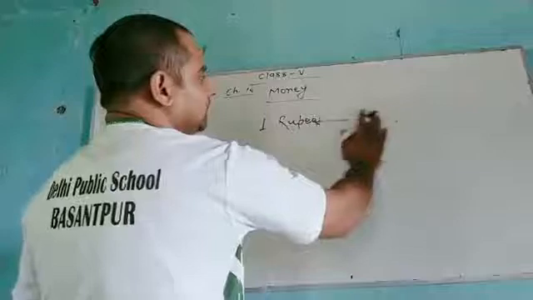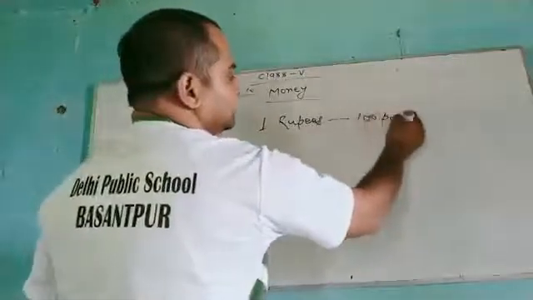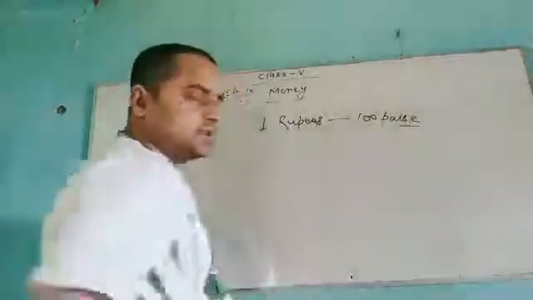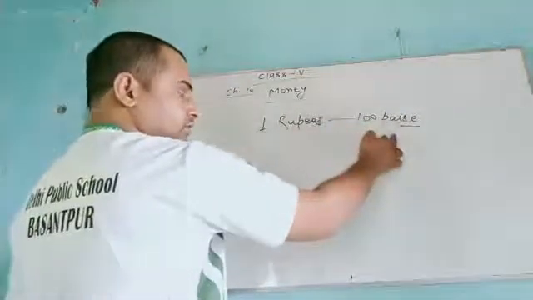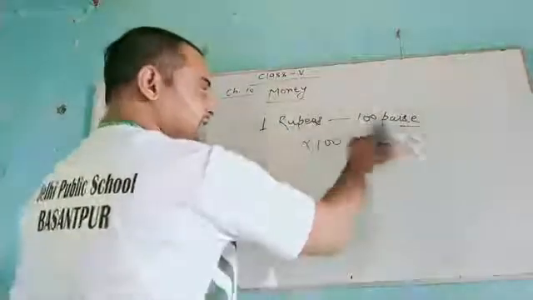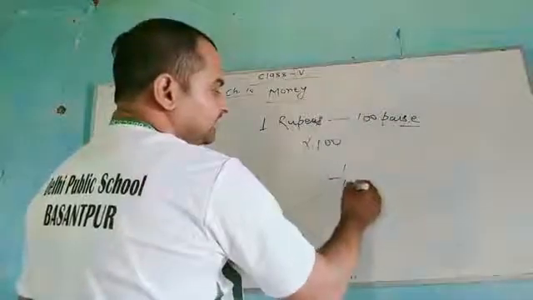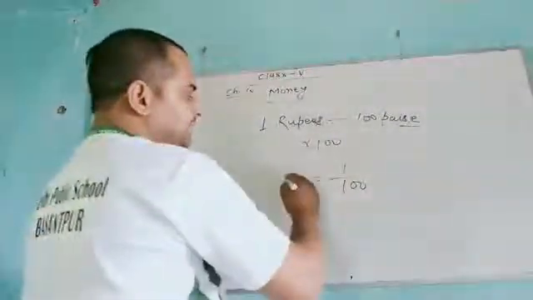Okay. Do you know 1 rupee has 100 paise? Okay, students. And you also change rupee to paise, multiply by 100, and paise to rupee, divide by 100. Okay, students, you always remember.